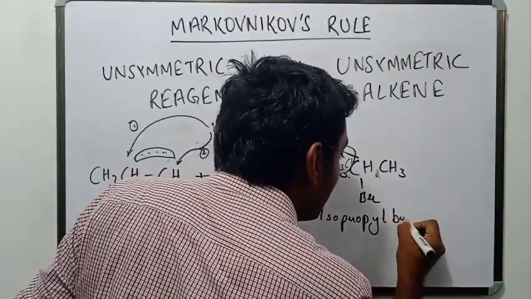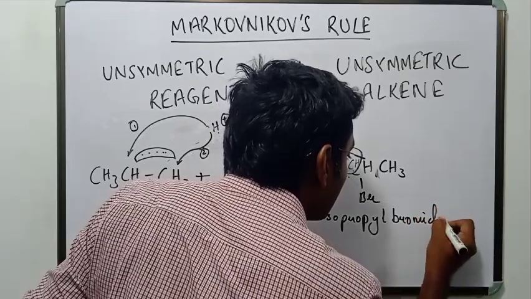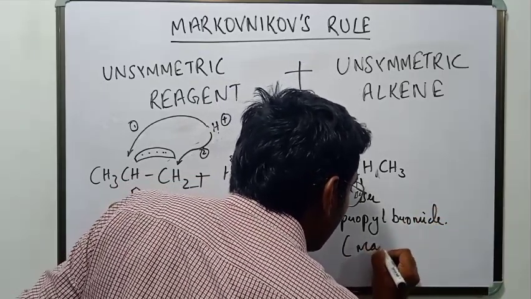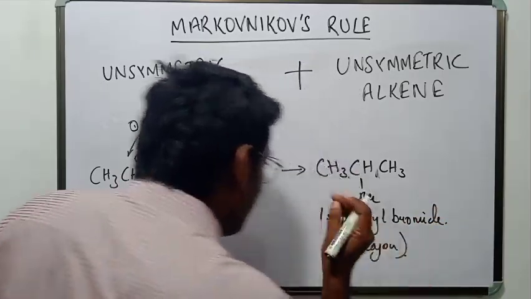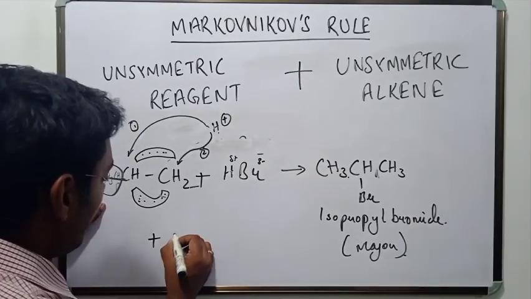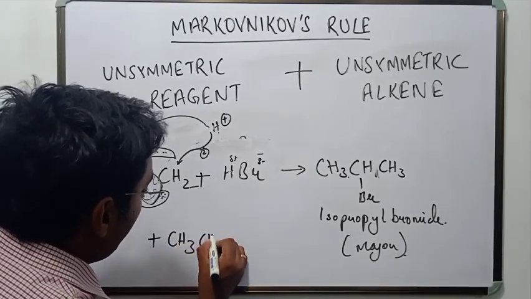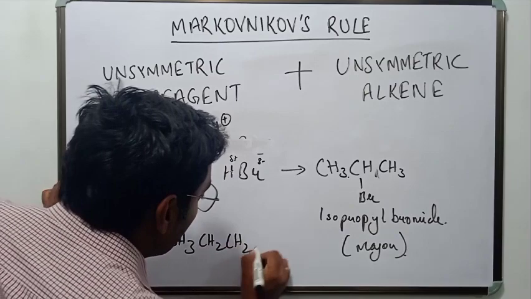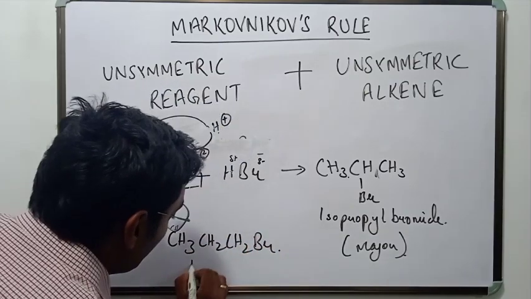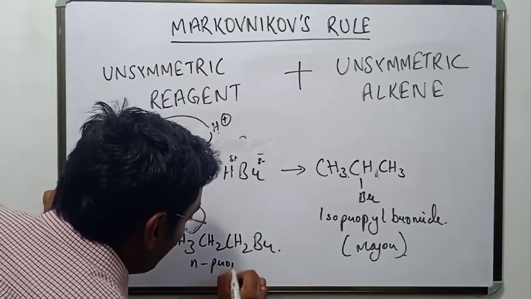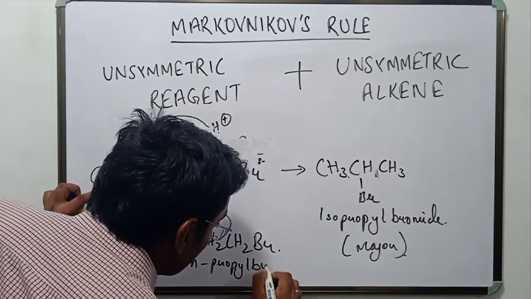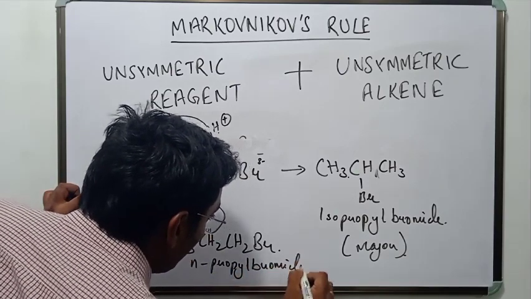Isopropyl bromide would be the major product. And the minor product, a very little quantity of N-propyl bromide, will be formed. So that will be our minor product.